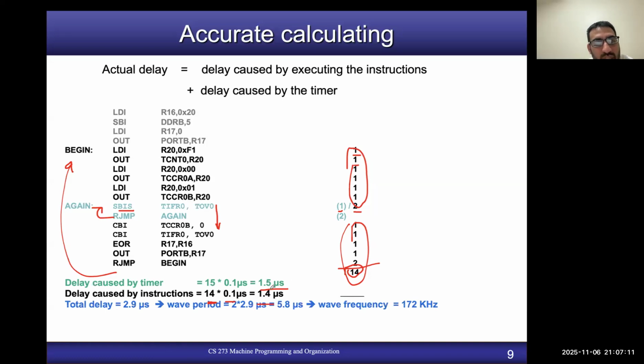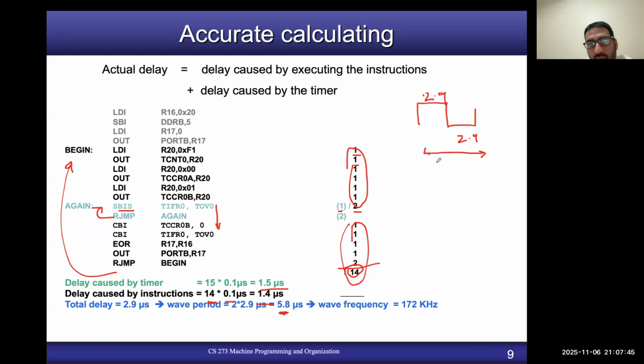Then the total delay before you toggle the output will not be equal to 1.5 microsecond, but it will be equal to 2.9 microsecond, and this will also be 2.9 microsecond, right? So the total period of the wave will be 2.9 plus 2.9, which is 5.8 microsecond.